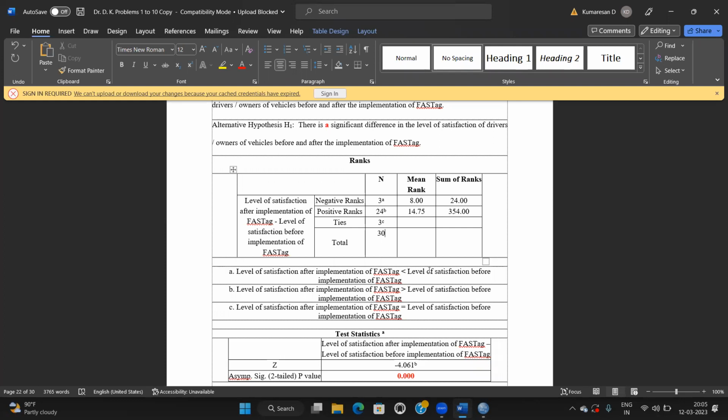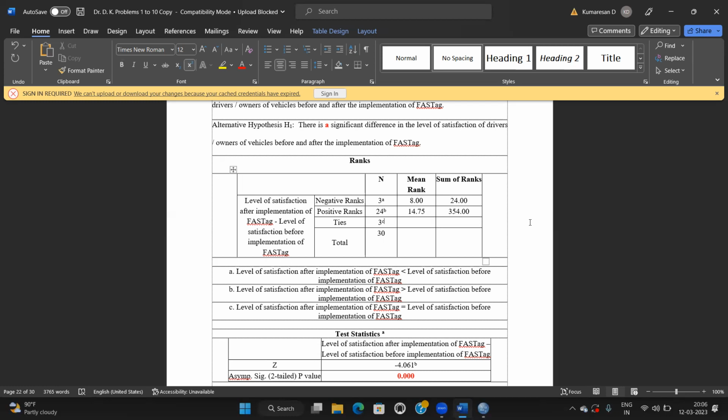Satisfaction after implementation is greater than satisfaction before implementation. That means the satisfaction level is increased after implementation in the case of 24 drivers. In the case of 3 drivers, the level is same. The satisfaction level after implementation is equal to the satisfaction level before implementation of FASTag.